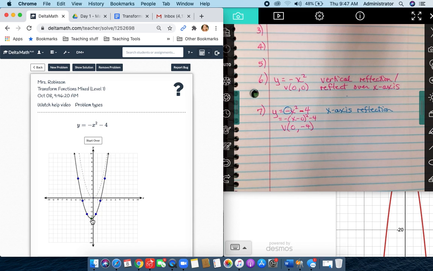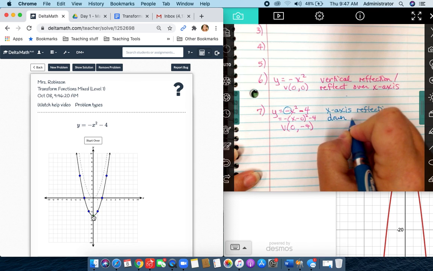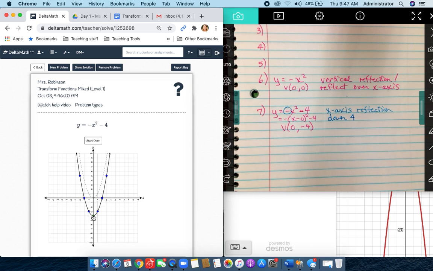And we're going to drag it down 4. But that's not enough. We have a vertical shift down 4. So I'm just going to come over here on my paper and write down 4. But I'm also going to take any one of these points and flip them. But I think the easiest one is to take this out 1, up 1, and just move it to out 1, down 1.